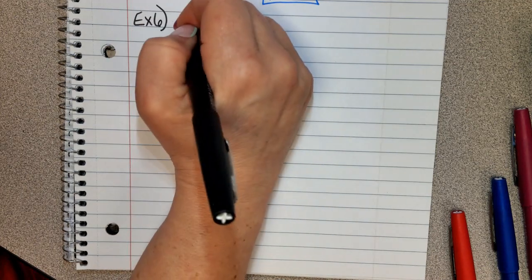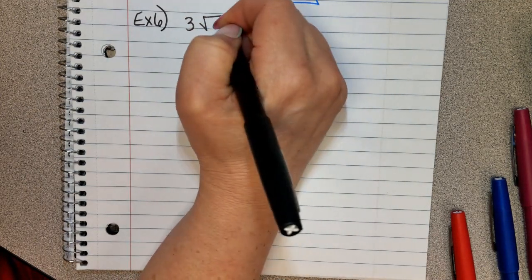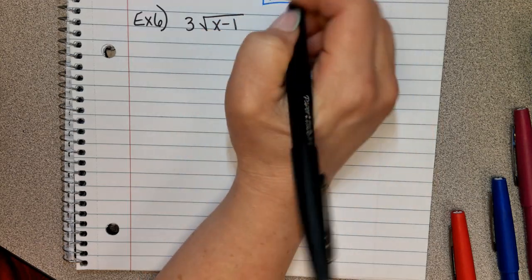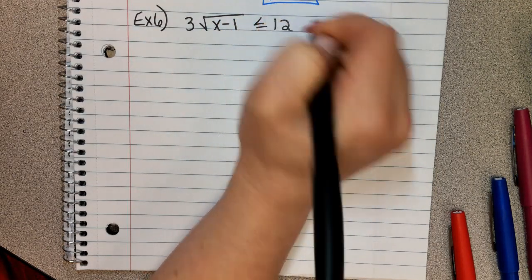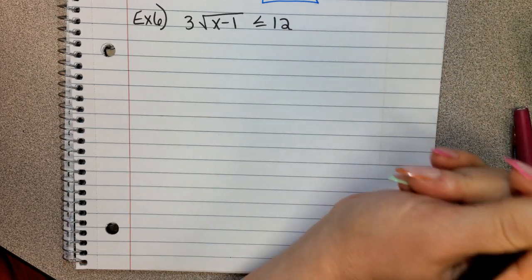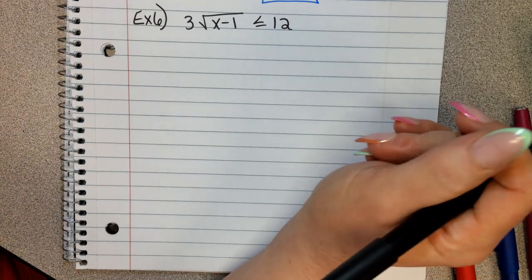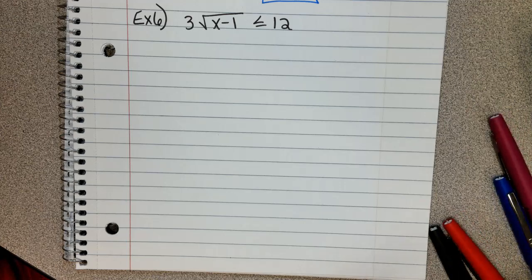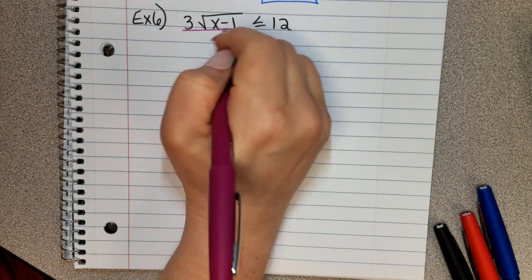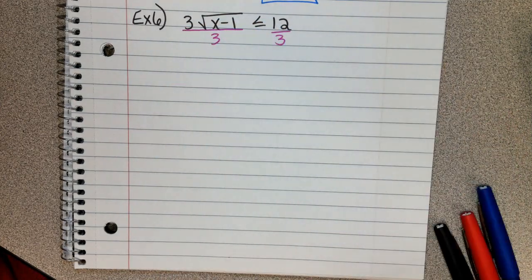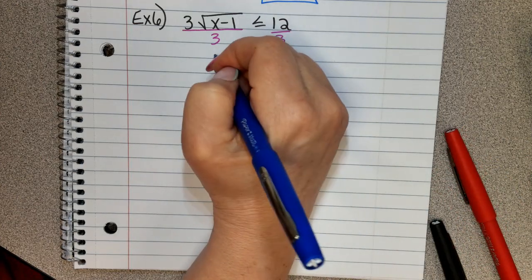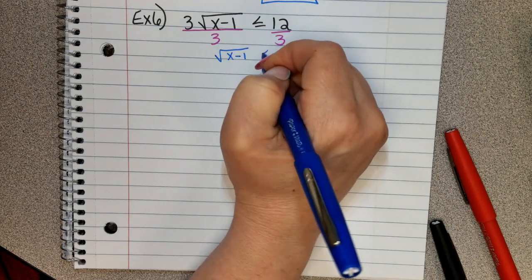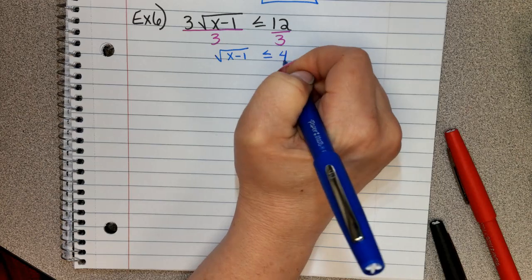Let's say I have 3 times the square root of x minus 1 is less than or equal to 12. The rules are exactly the same. The first thing I always want to do is isolate that radical if at all possible. So I would divide both sides by 3, and then I would have the square root of x minus 1 is less than or equal to 4.